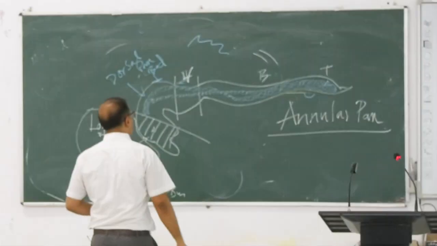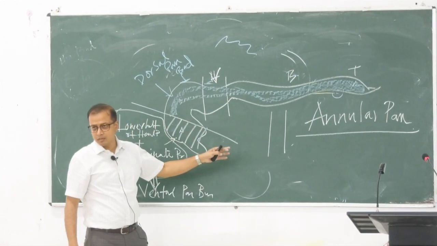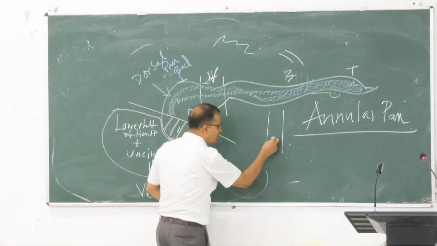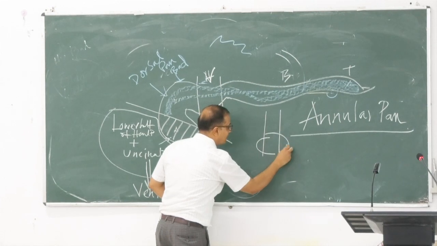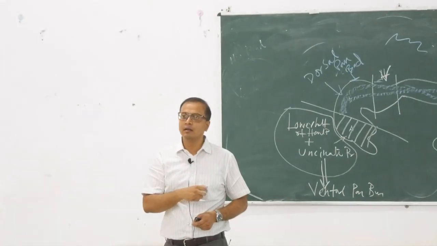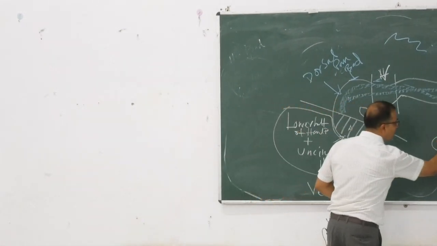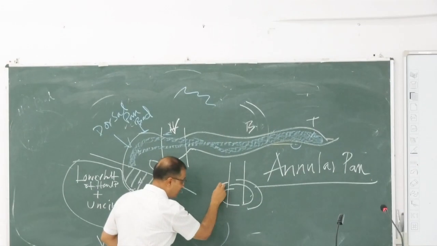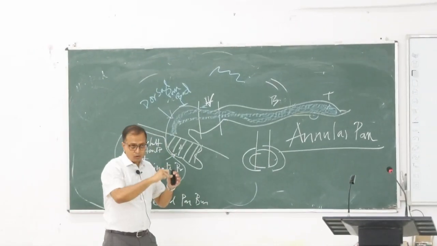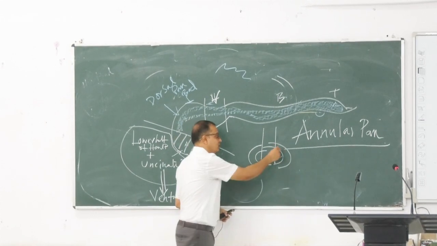What happens with the annular pancreas is that we have the duodenum going on, and we see pancreatic tissue encircling the duodenum. That means the duodenum is surrounded throughout its circumference by pancreatic tissue.